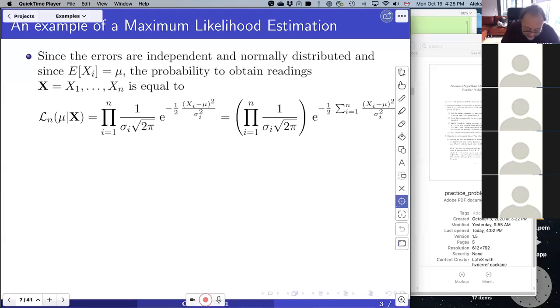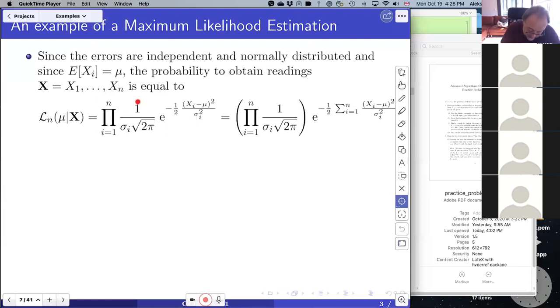We actually make a stronger assumption that the noise is independent. Because we have independent events, the likelihood will be the product of the likelihoods for each measurement.